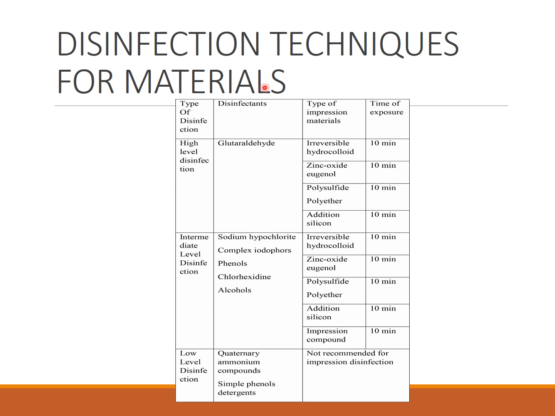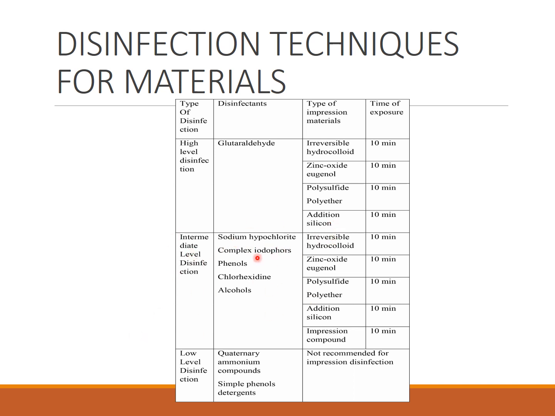The impression materials which can be used here are irreversible hydrocolloids, so alginate, zinc oxide eugenol, polyether, polysulfide. Polysulfide we are not using, addition silicone. So 10 minutes: just wash it with water, dry it, spray it with the disinfectant, dry it, and ideally it should be placed in a sealed bag.